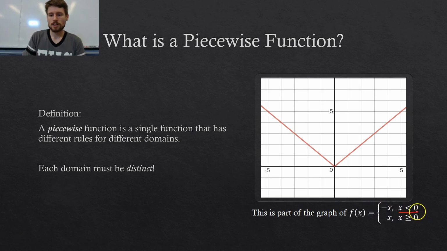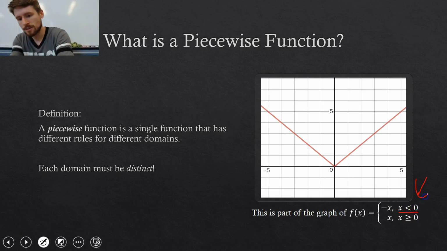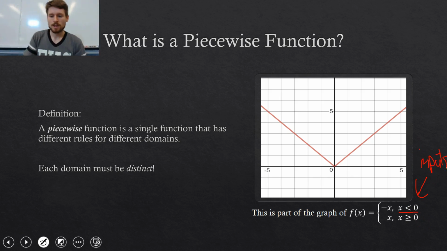So you look over here and you say, okay, if my numbers that I'm plugging in are less than 0, so this is referring to the inputs, if those are negative, then we want to multiply it by -1. And then this is if the inputs, the numbers we're plugging in, are 0 or more, positive or 0, then just give me the answer back.